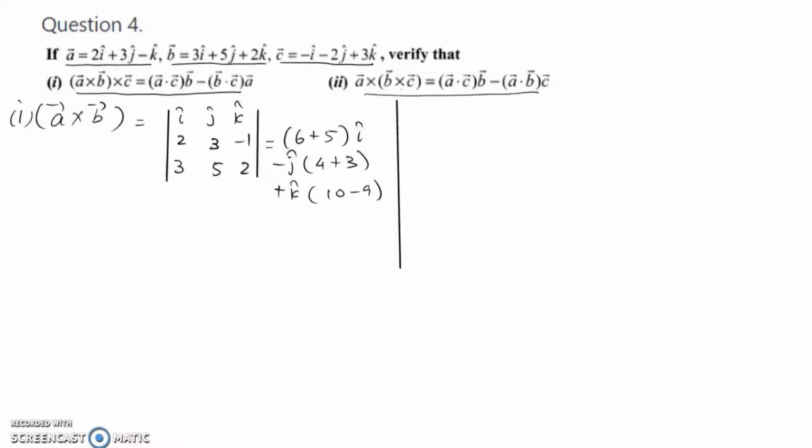So this is nothing but 11 i cap minus 7 j cap plus k cap.